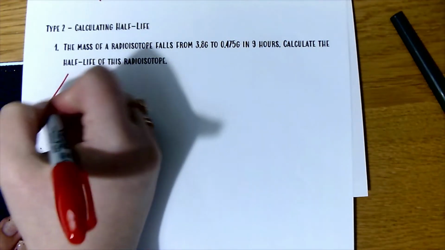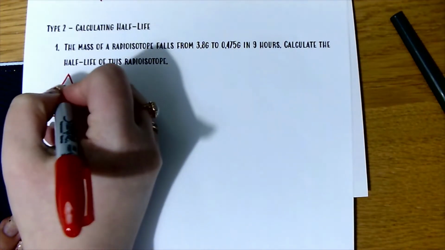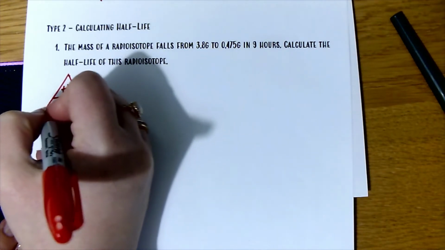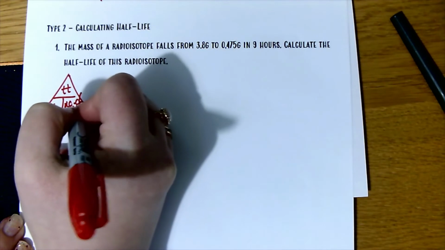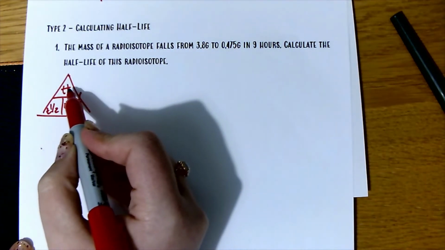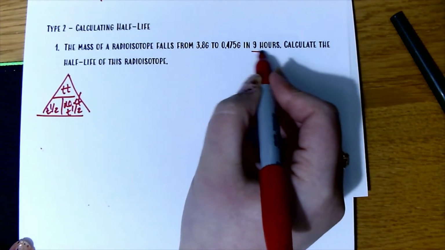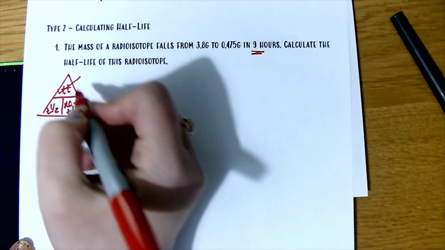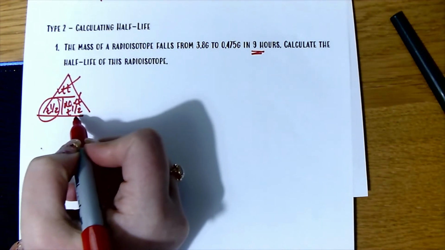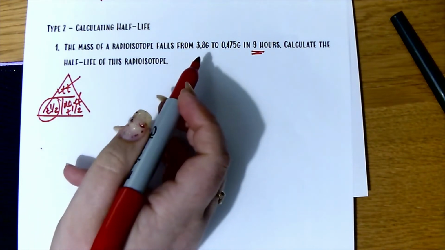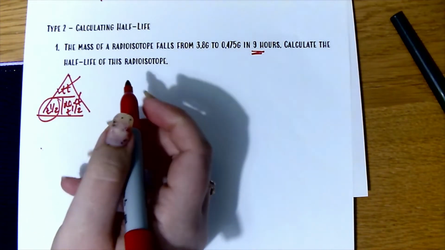So the first thing that I'm going to do here is I'm going to draw out my triangle. Now straight away we can see that we have the total time, that's the 9 hours, so we've got that. It's asking us to calculate the half-life, and the number of half-life periods we can work out from our falling mass.